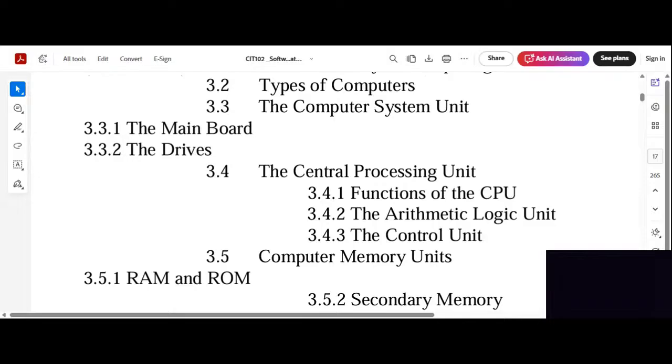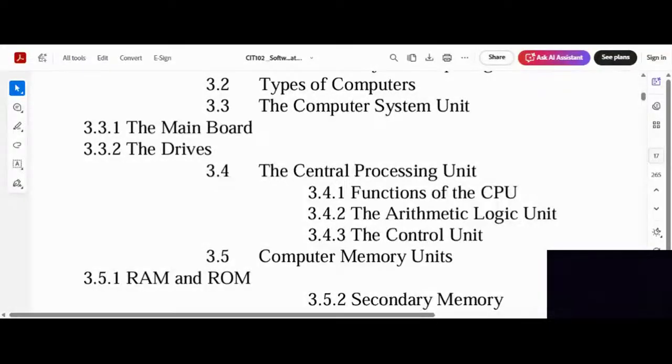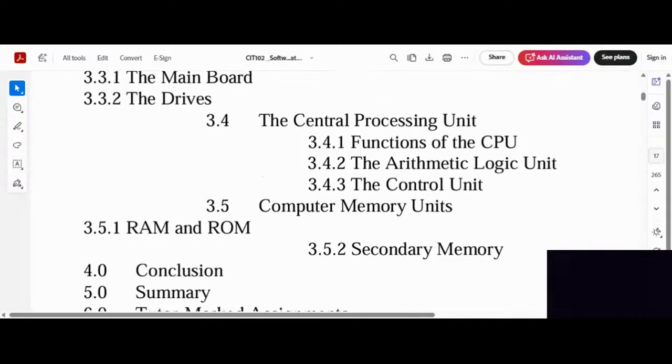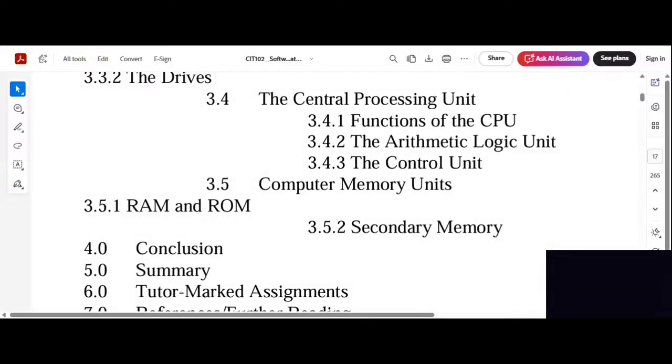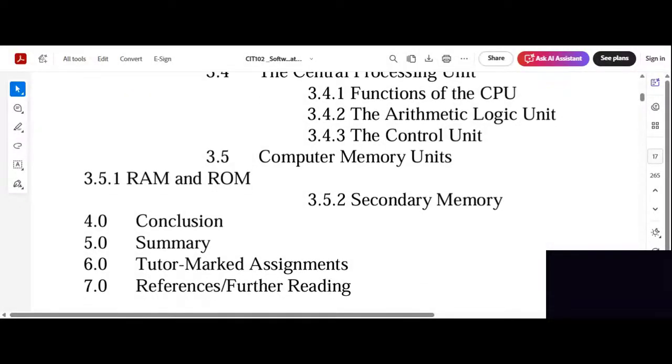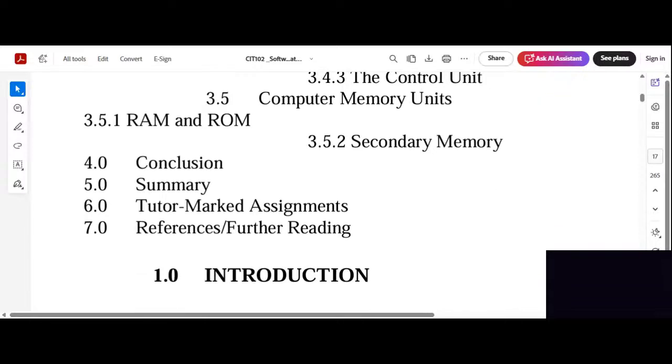Then we'll talk about the central processing unit, its function, the ALU, the part of it that is meant for calculation, then the control unit. We'll talk about the computer memory unit, likewise, RAM and ROM, and then the secondary memory.